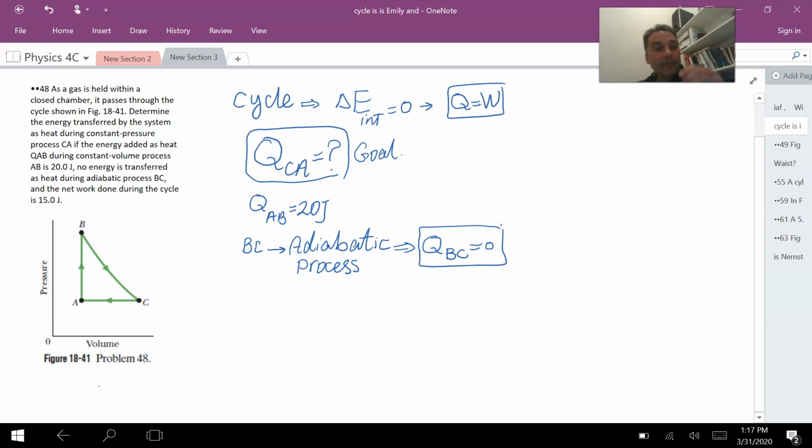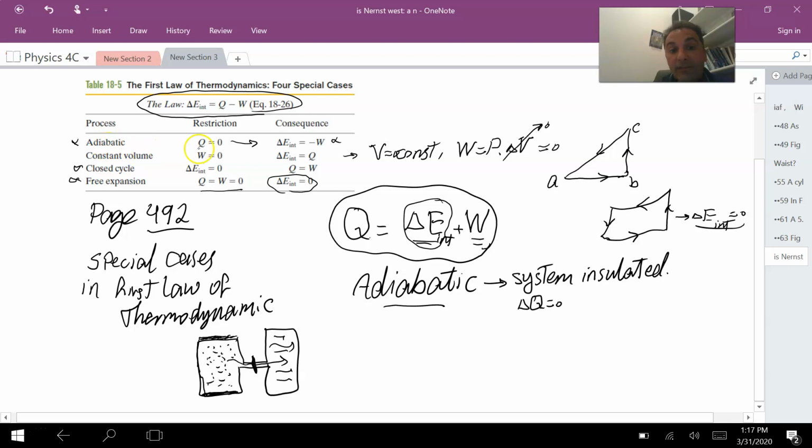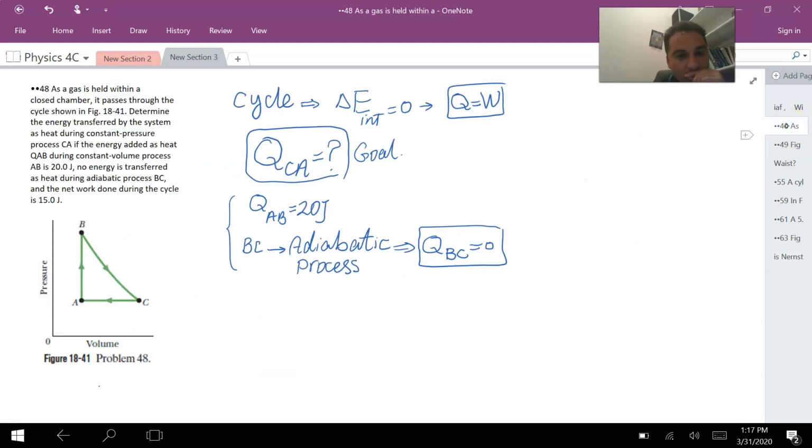Read the question carefully: QAB is 20 joules, and no energy is transferred as heat during adiabatic process BC. What does adiabatic mean? Q is 0. There is no heat exchange. These are what we got just from the problem.